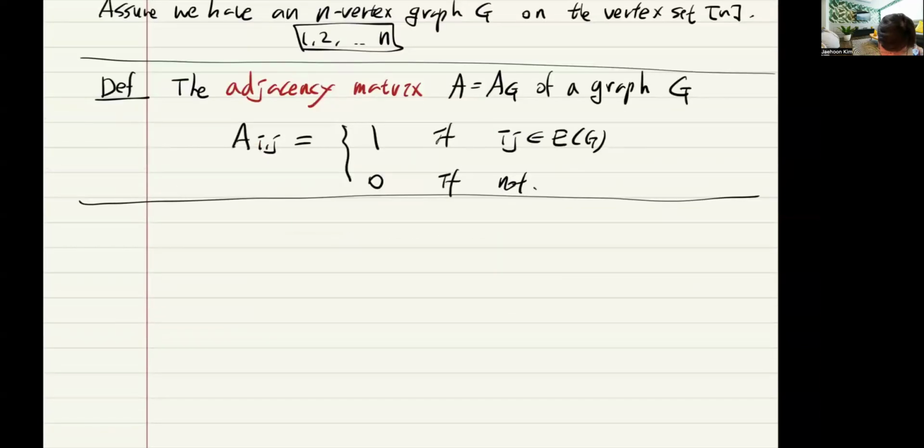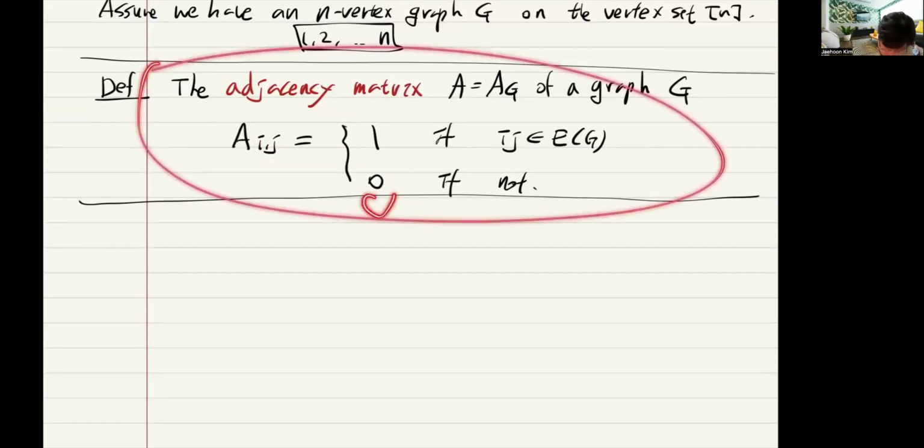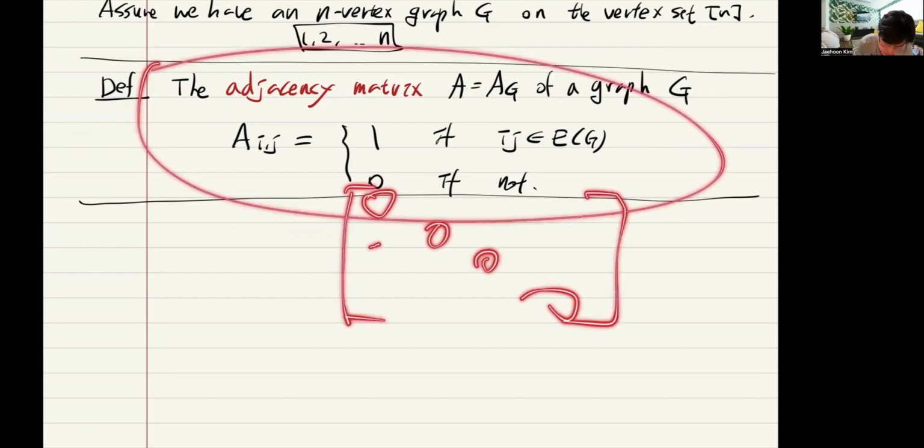For a simple graph, one thing you can see is that the diagonal is all 0, because the diagonal corresponds to loops, and we don't have loops. And one more thing is that this is a square matrix whose entries are symmetric: A_ij and A_ji have the same value.